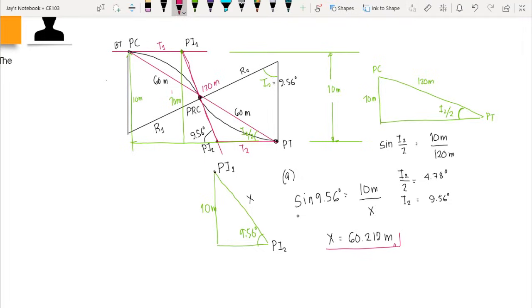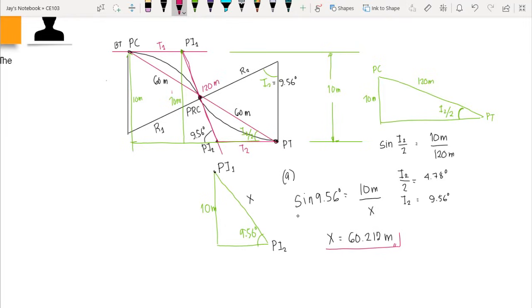Now for our second question, we are asked to compute for the radius of the two curves. Using the given condition that the radii of the reverse curve are equal, that means the two simple curves are similar. So all the elements of simple curve 1 are equal to the elements of simple curve 2.